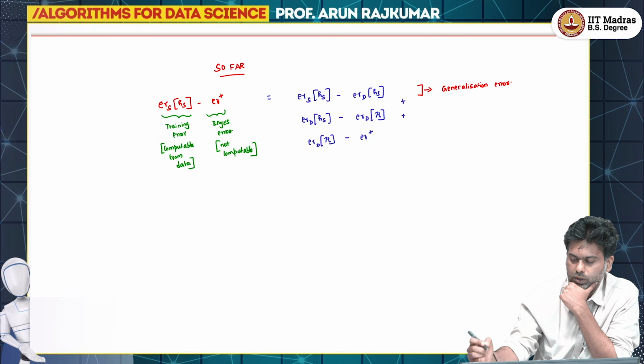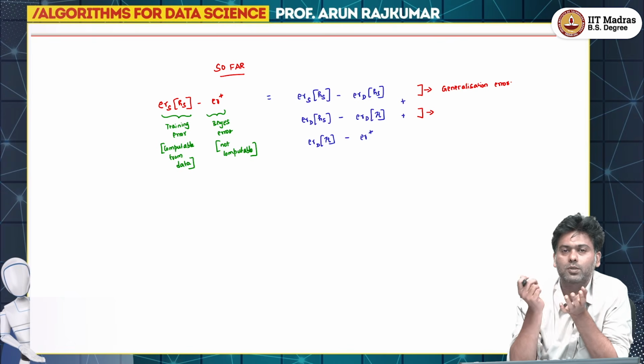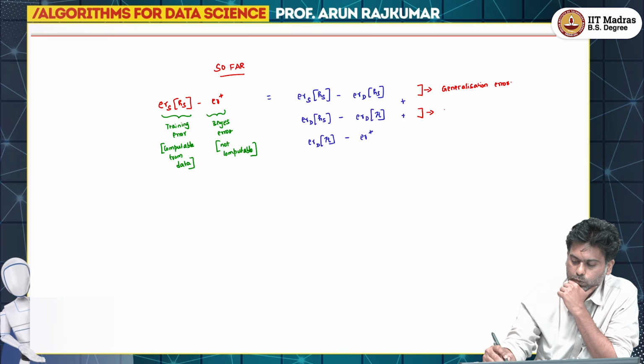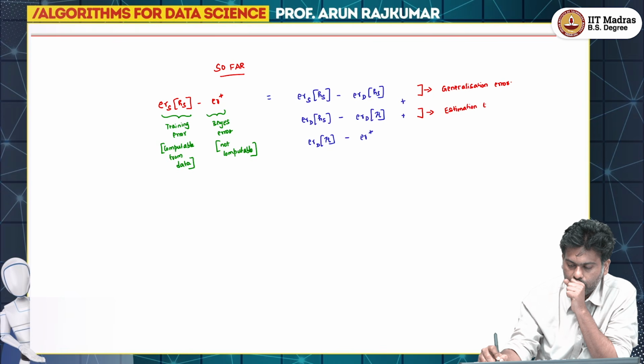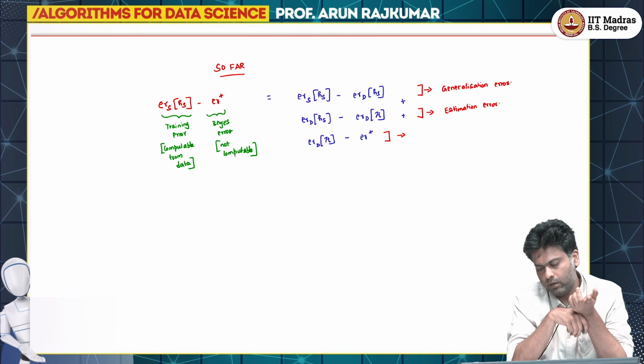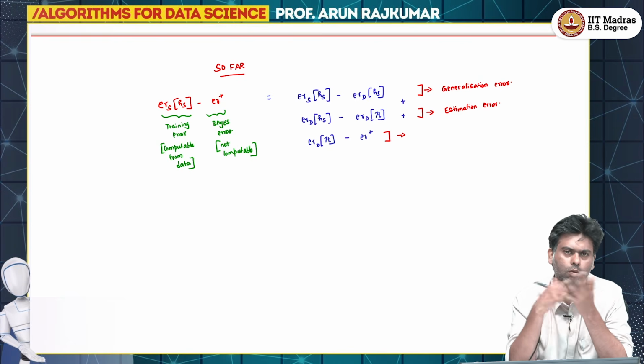This is the generalization error. The second is the difference between the test error of the classifier learnt and the test error of the best possible classifier in the hypothesis class in which we are searching, and this is what is called the estimation error. The third one is the difference between the error of the best possible classifier in our hypothesis class from which we are learning, and the Bayes error, which is over all possible hypotheses.